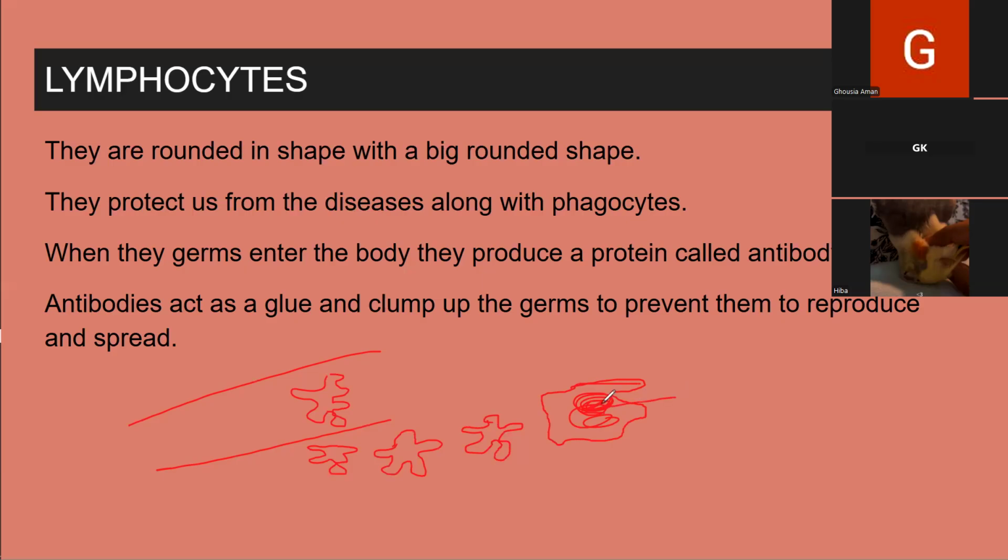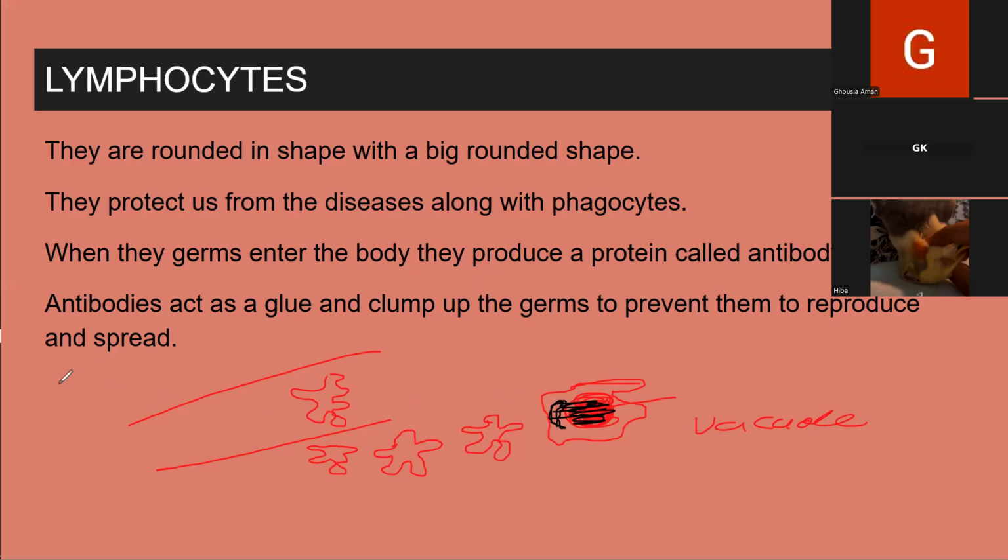The germs go inside the cytoplasm and are locked up in a vacuole. The nucleus of the phagocyte, a thread-like, string-like nucleus, starts producing digestive enzymes which will digest the germs away.